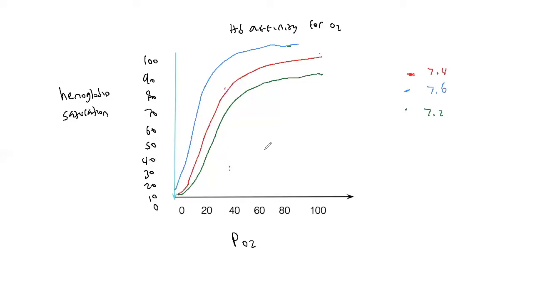Because we talked about that carbon dioxide reacts with water to form carbonic acid, and that really only happens if the cells are working in overtime. Now, a pH of 7.2 assumes that the cells are in a state of increased activity.